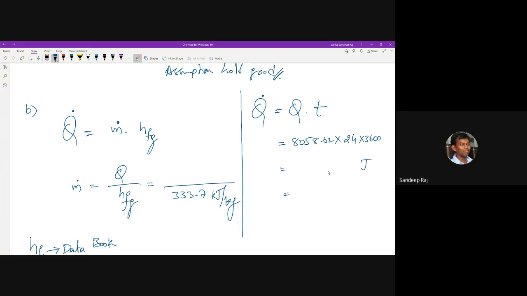Okay. Somebody tell me what is this joule value? What is this value in joules? Kilojoules. Somebody confirm? Am I right?